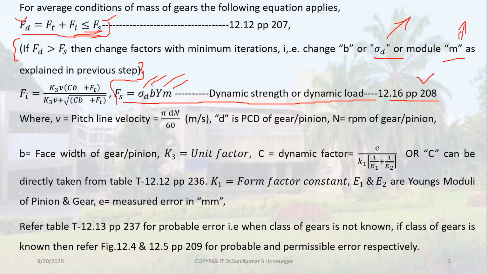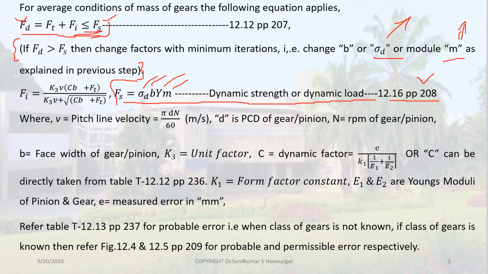I think economy plays a vital role in the current situation. If you unnecessarily go for a higher module, the cost of that gear, that component, that machine will increase enormously, and affordability will be less. So unnecessarily don't go for what is called over design.